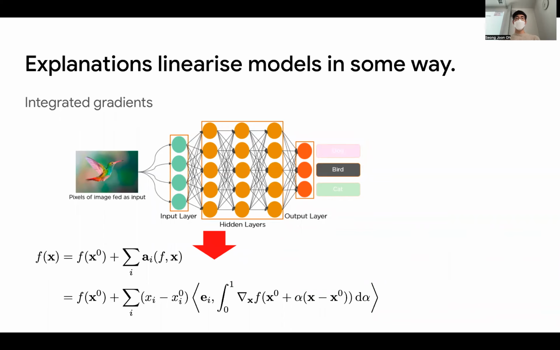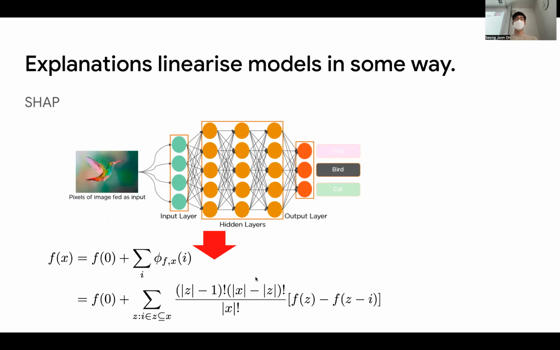Integrated gradients is also turning your model into a linear model around the baseline. So now your model becomes your baseline plus the sum of the contribution from each pixel, which is measured by this formulation. And you note that this is exactly linear, because you're summing over the contributions from each i.